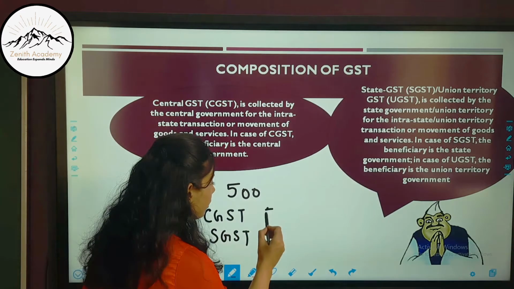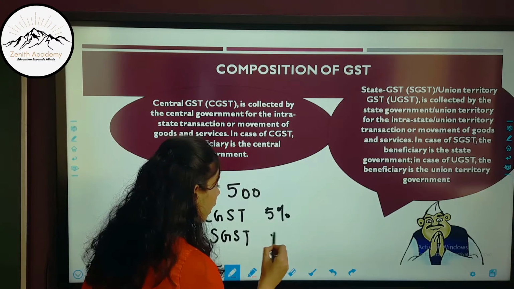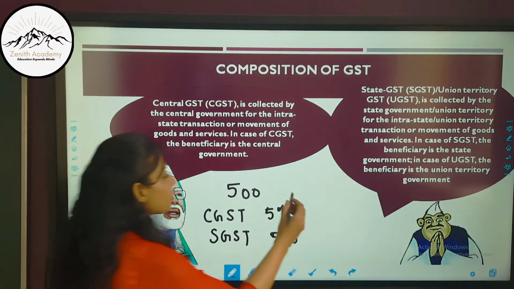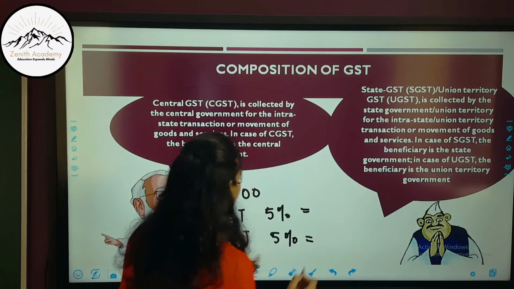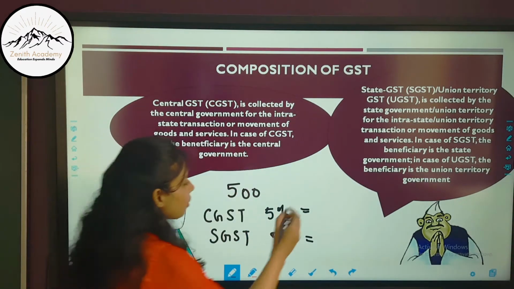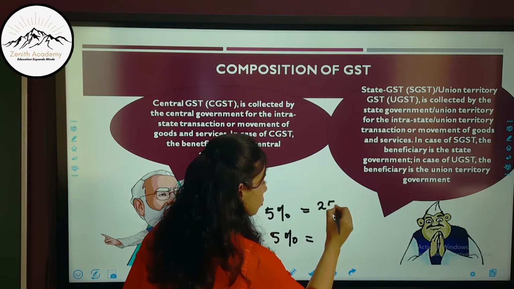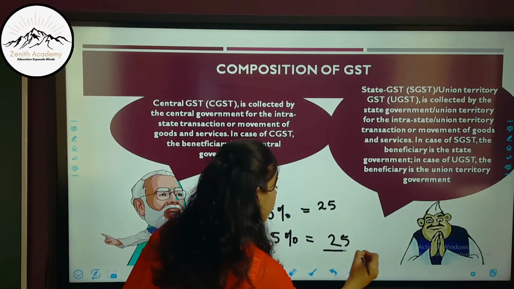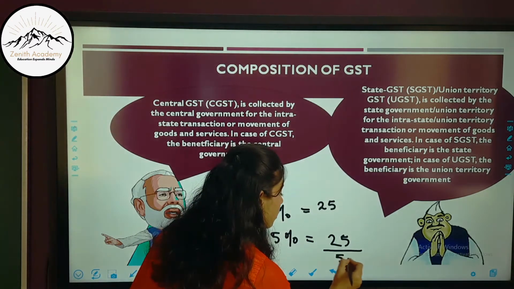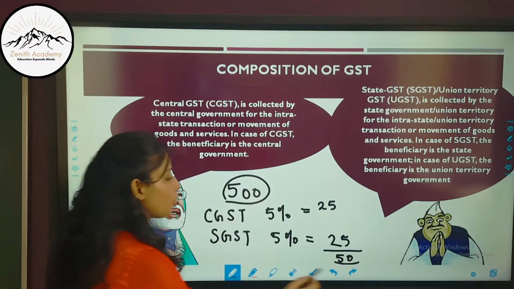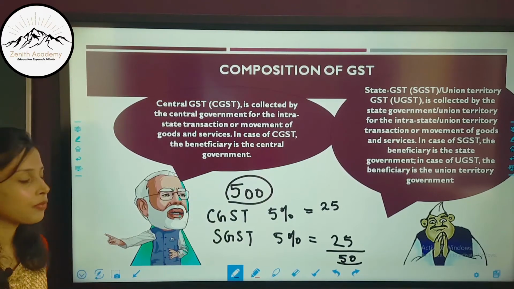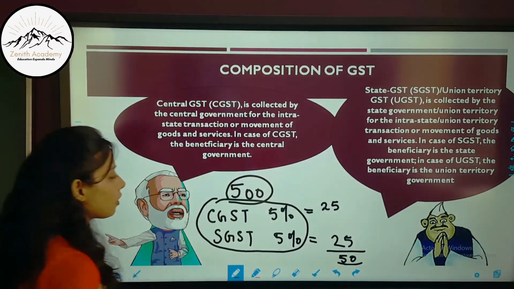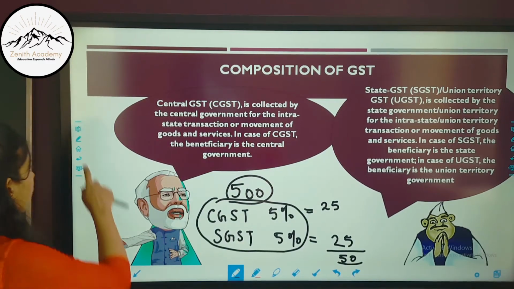So 5% is allocated to CGST and 5% is for SGST. So 5% of 500 will be 25 rupees and similarly here 25, which will give us rupees 50, the total tax on this rupees 500. Okay, so this is how the allocation is made.